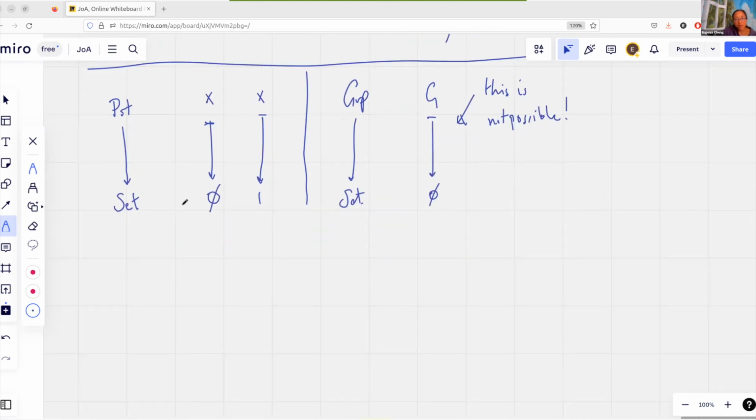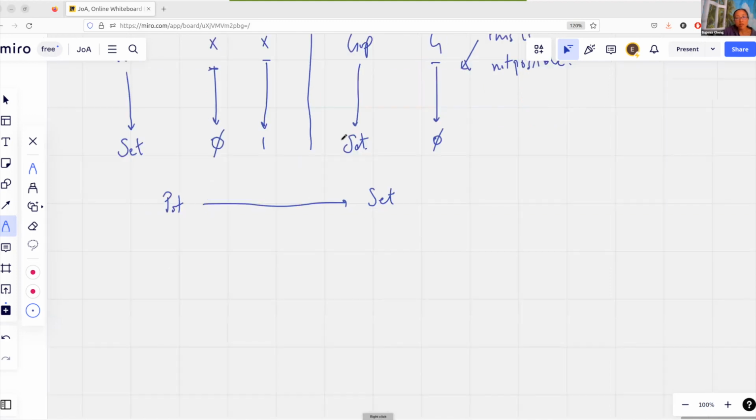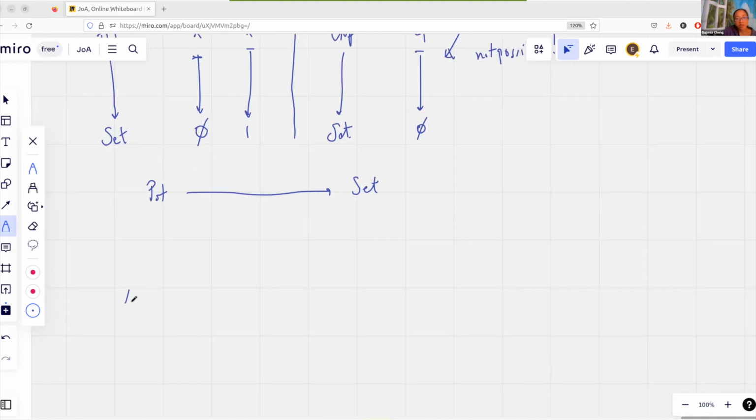But if we think about reflecting coproducts, then something different happens. If we try doing coproducts, what we're saying is that if we have a diagram in posets that becomes a coproduct diagram in set, was it already a coproduct diagram in posets? So let me draw a better diagram for this. Supposing we have some diagram of posets.